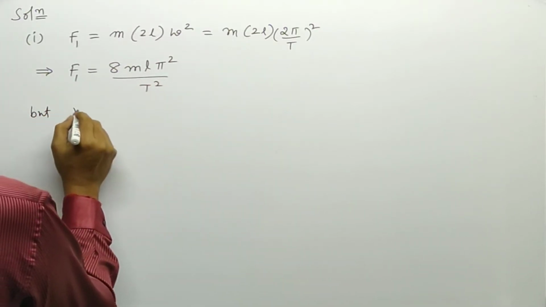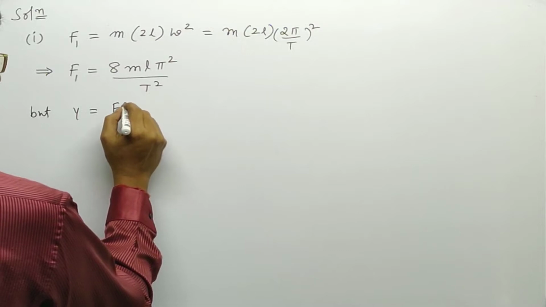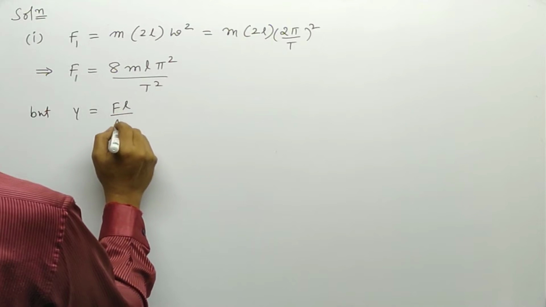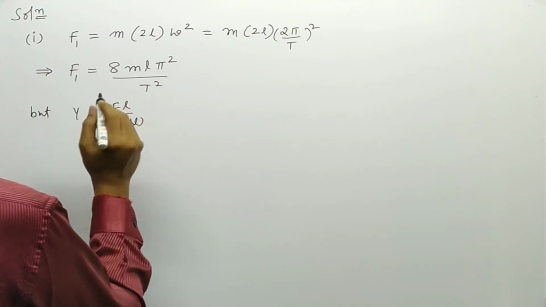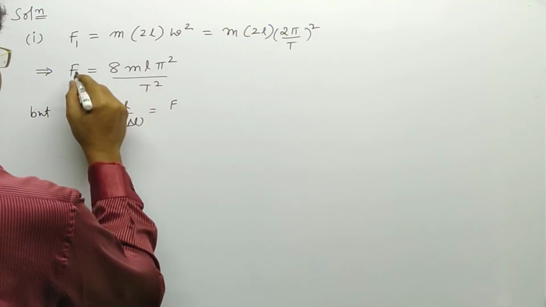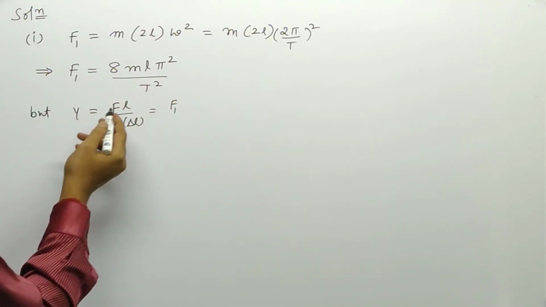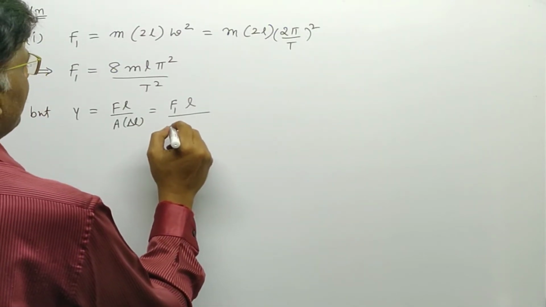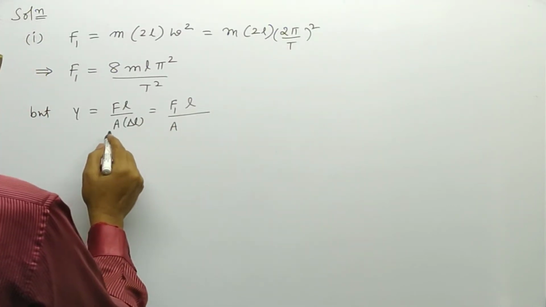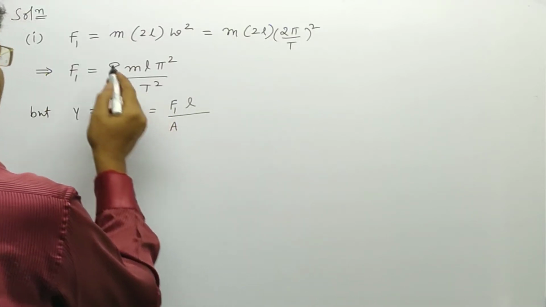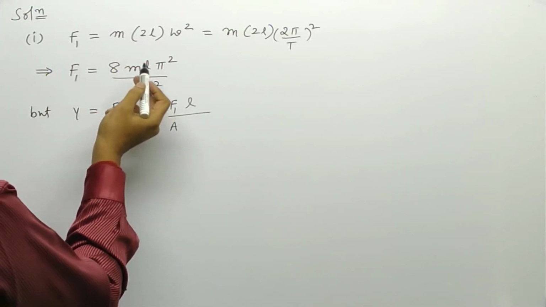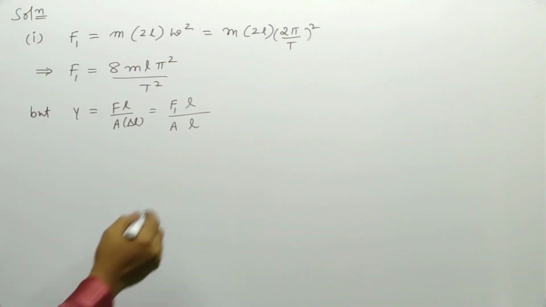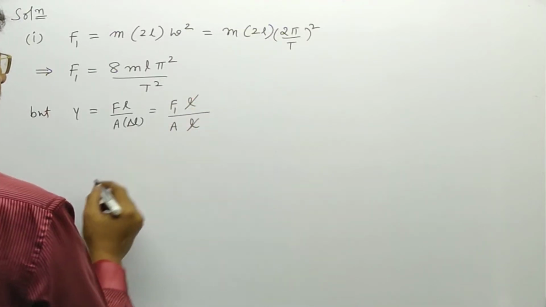But from Young's modulus, Y is equal to F L divided by A into delta L is the formula. Here we can take F as F1 in the first case, original length L as it is, and area of cross section as A, and delta L, the length increasing from L to 2L, so elongation is also equal to L, so L cancels.